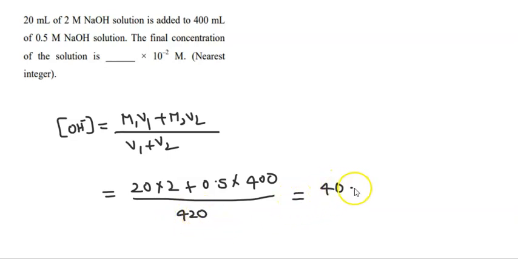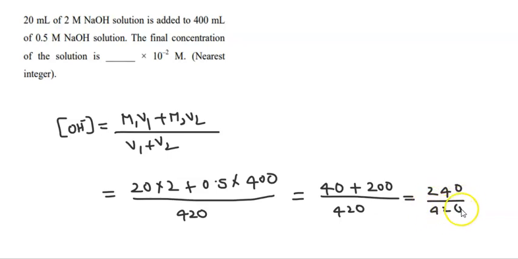That equals 40 plus 200 by 420, which is 240 by 420. The 0 gets cancelled. If you solve this, it equals 57.1 into 10 to the power of minus 2, which is 57 to the nearest integer. 57 is the correct answer for this question.